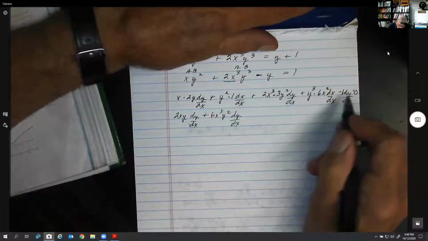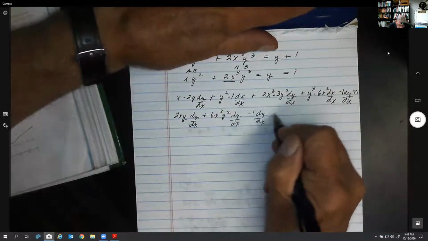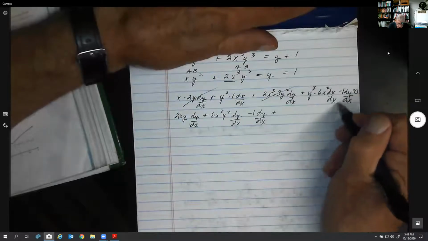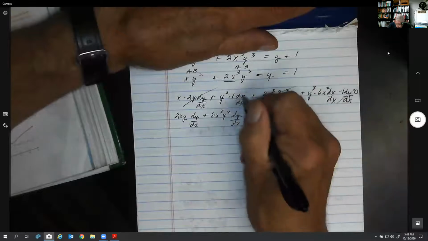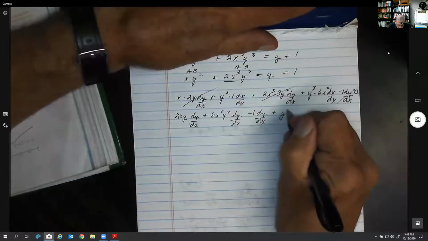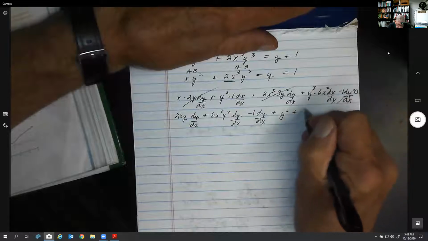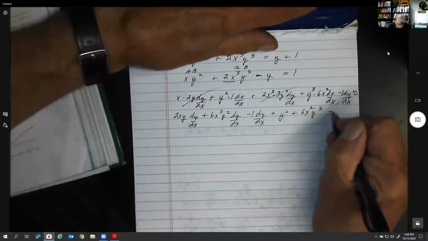And finally, I got the minus 1 dy dx. Now let's put the dx's together. We don't necessarily have to write the dx over dx. That'd be y squared times 1 plus 6x squared y cubed equals 0.